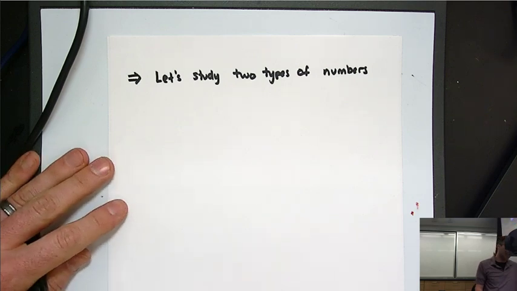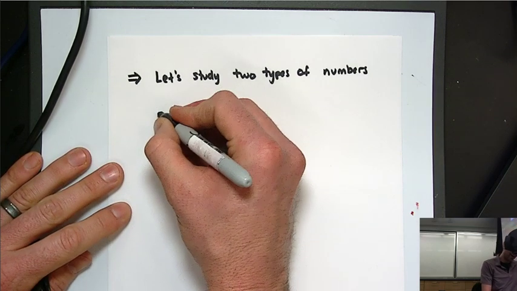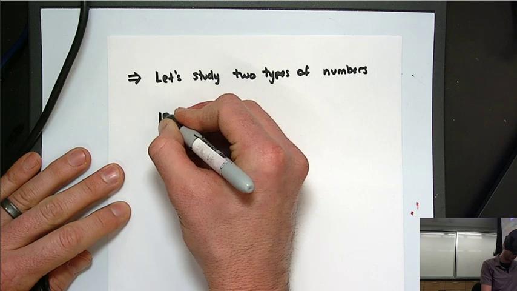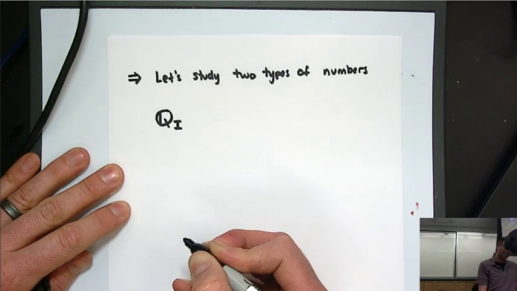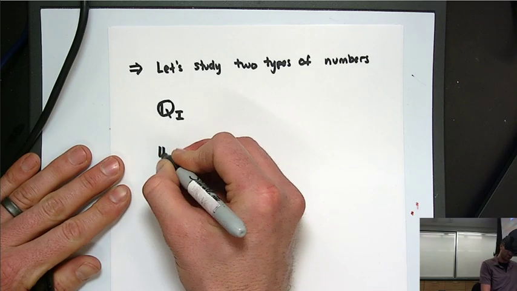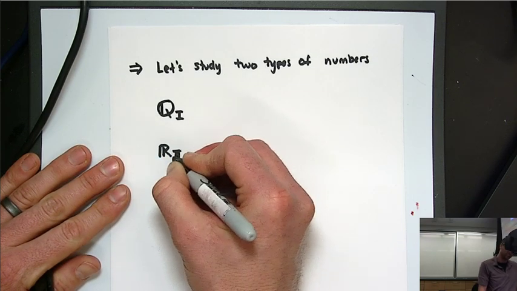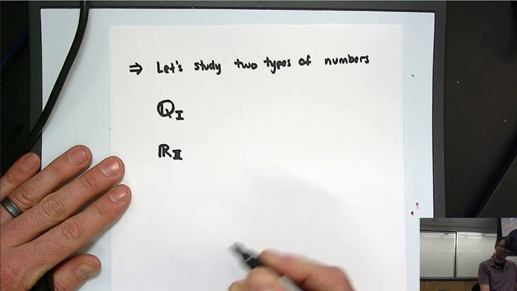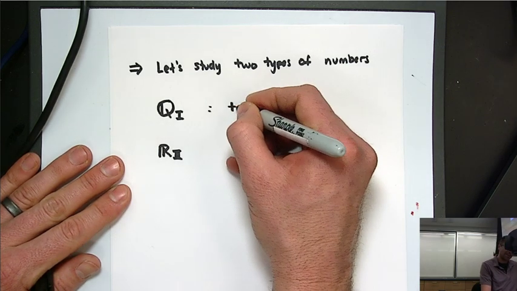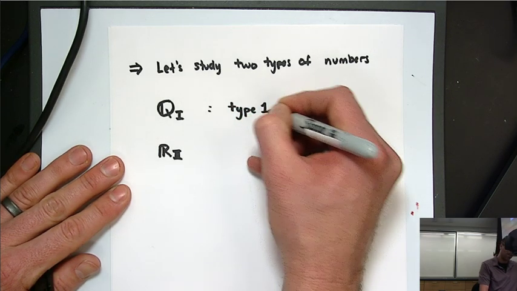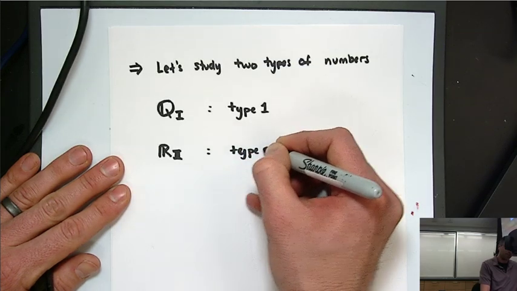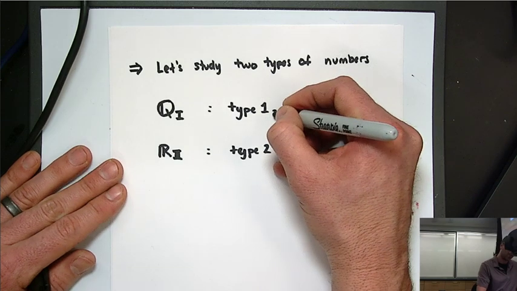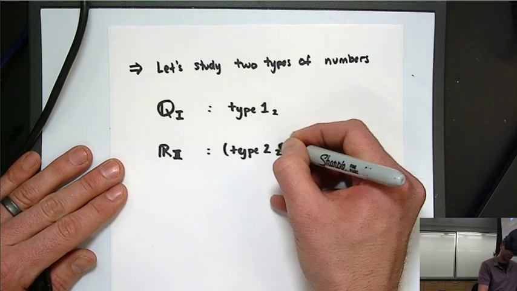Finite and infinite. Yeah, and in this case, I kind of want to call them like type 1 numbers and type 2 numbers. And this is going to be with respect to base 2.